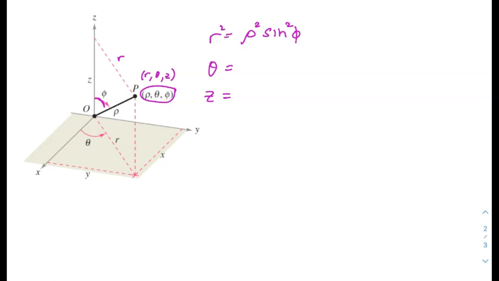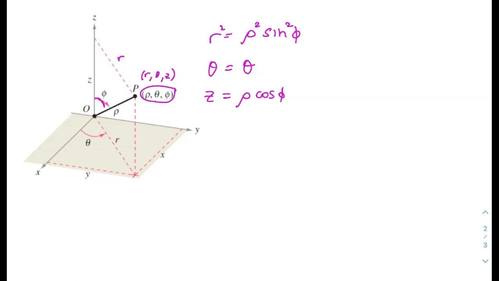Then theta. Theta is just theta. It's the same in both coordinate systems. And finally, z, if I want to express z in terms of rho, theta, and phi, z is equal to rho cosine phi.